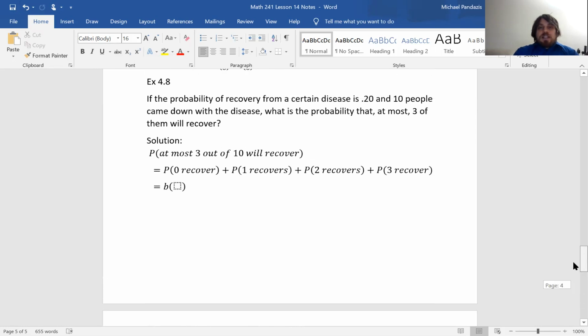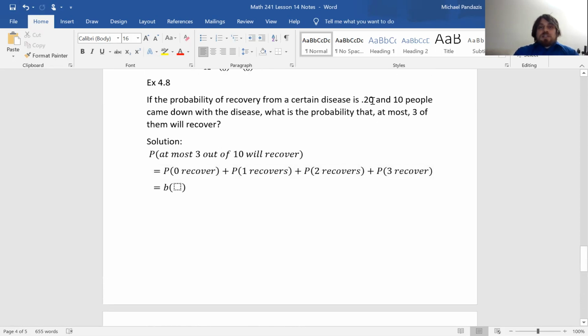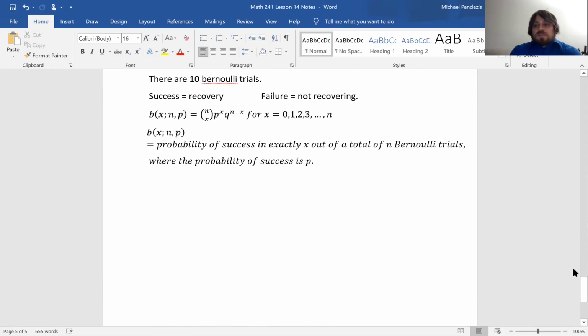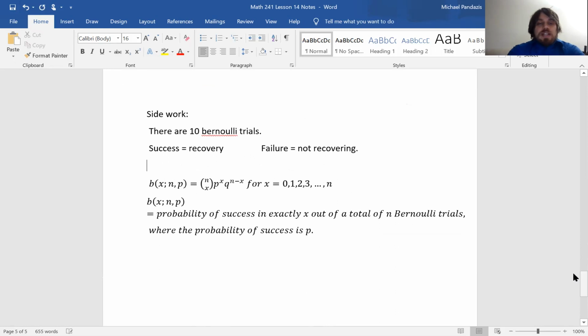And it says here that the probability of recovery is 0.20. So that means the probability of success, which equals P, which equals the probability of recovery, is equal to 0.20.